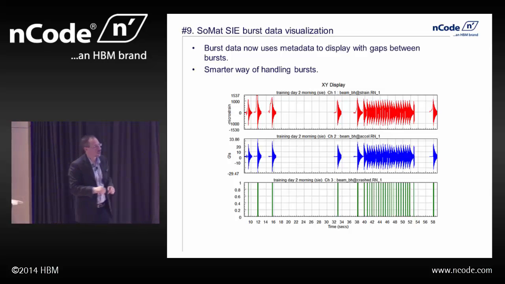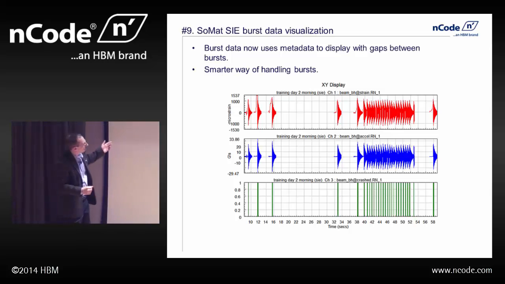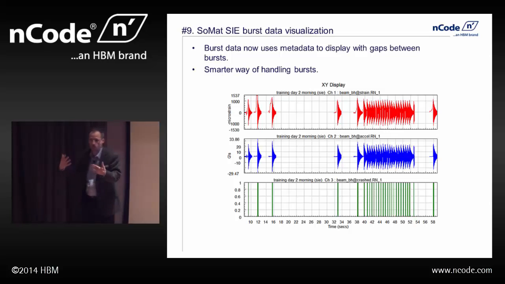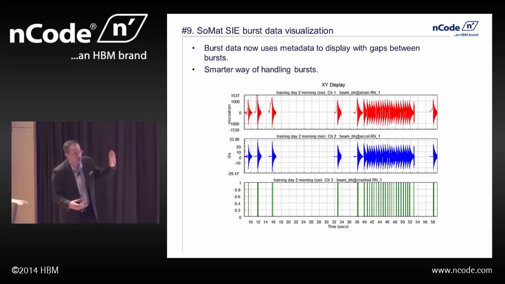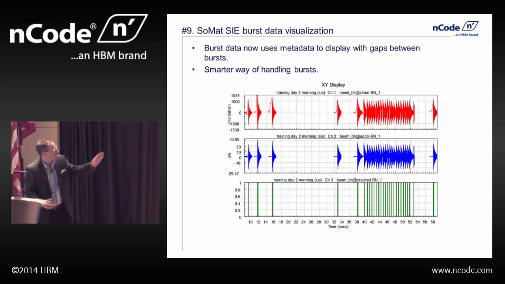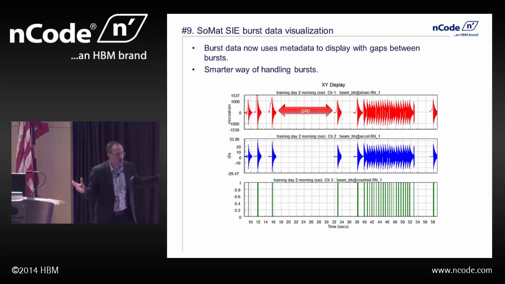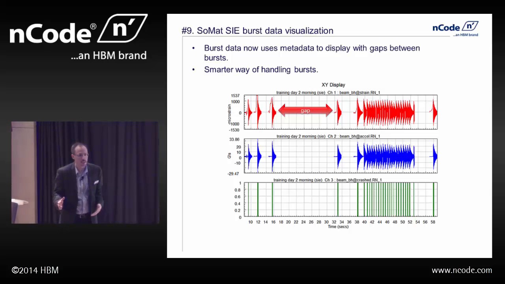You can drag that into a burst input glyph, and when you plot that, you're going to carry through all the metadata so that you're seeing all the separate bursts properly split out in time. A main application for that is really just for visualization, trying to see what happened when with regard to bursts. But if you're using SoMat EDAC hardware, that's a nice feature for enabling you to visualize your data with the gaps in it. The only other way we could have done that before was to pad the data full of millions of data points that you didn't want to see. So this way you can visualize things much more efficiently.